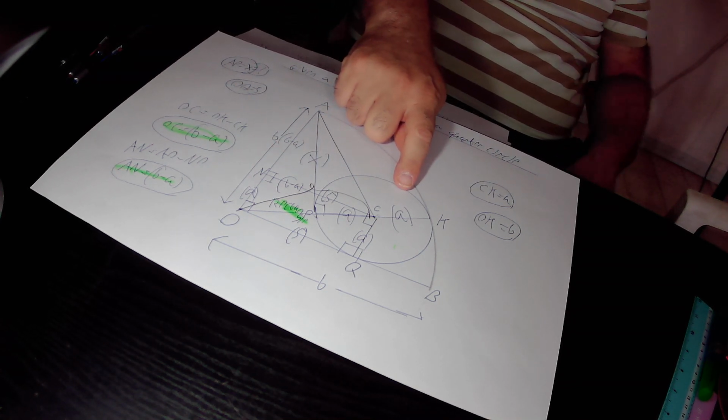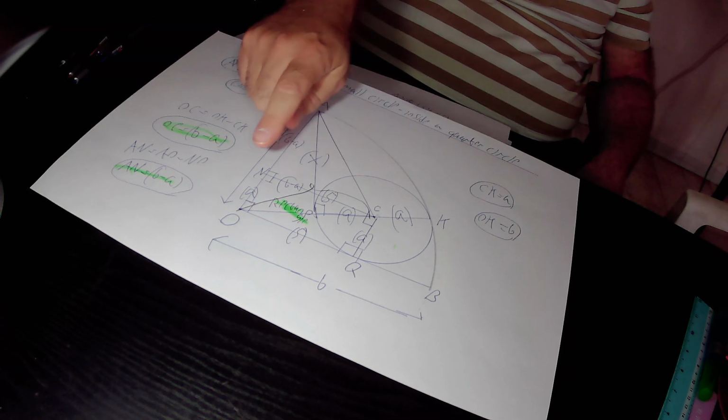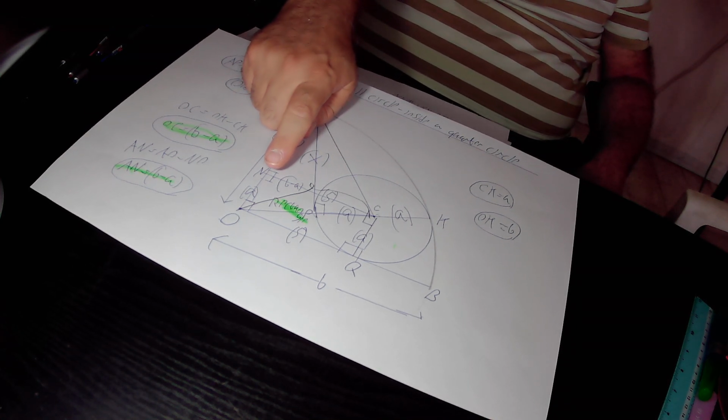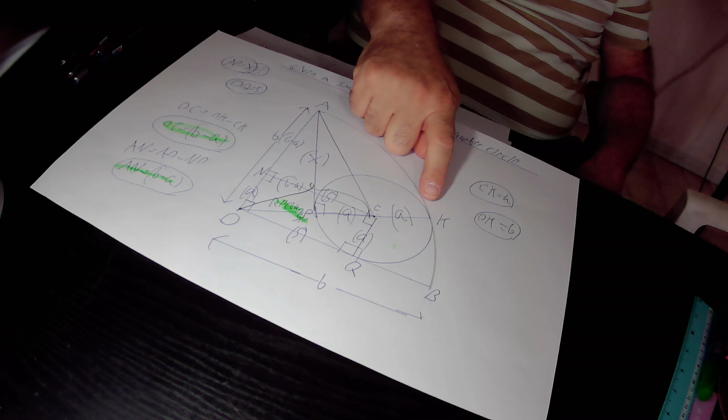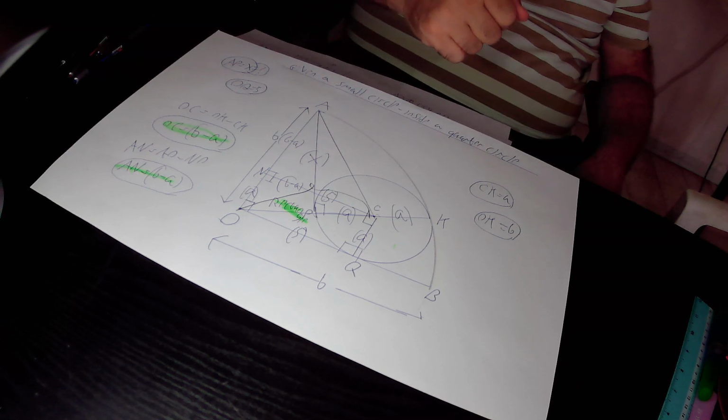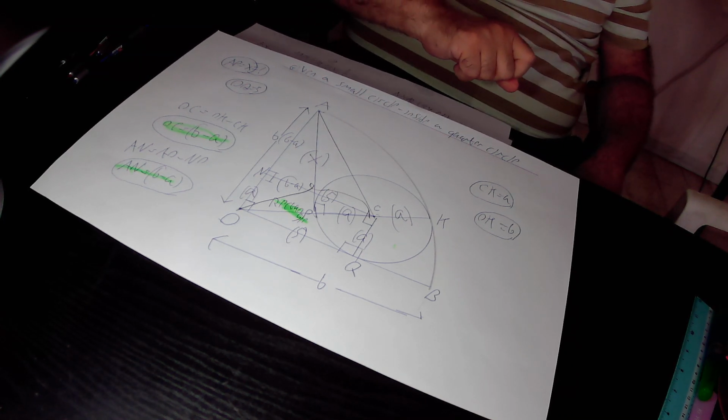CK is the radius of this small circle, that is a. OK starts from point O, that is the center of this quarter circle, and K is a point on the quarter circle itself. So this is exactly the definition of a radius. Therefore, OK is the radius of this big quarter circle that is equal to b units in its length according to our definition.